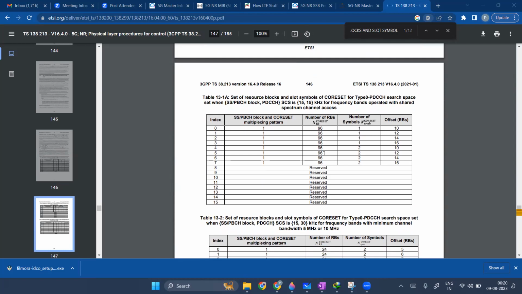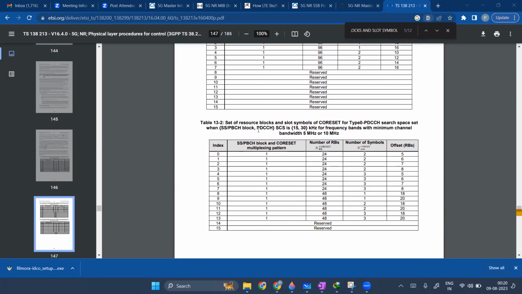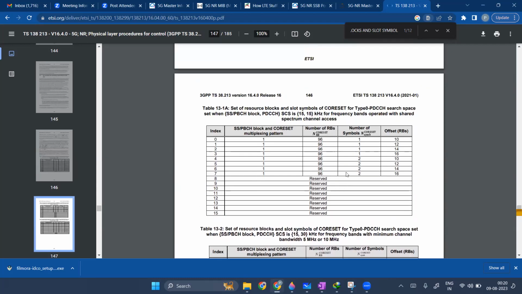This is 13-1A, which is for operation with shared spectrum channel access, so we are not concerned with this. In 13-3, the PDCCH and SS block SCS are 15 and 30 respectively, and the minimum channel bandwidth is 5 and 10. According to the index, this will change the number of RBs and offset.